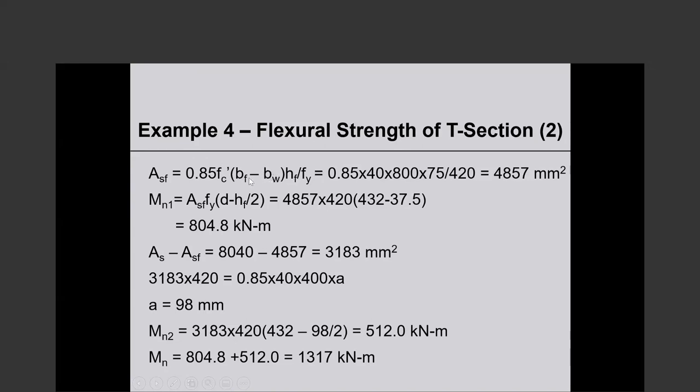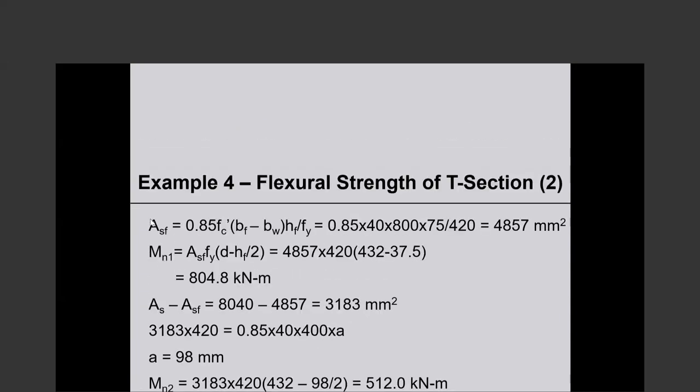B sub F, the effective width minus the web width, is the total width of the two overhanging flanges, multiplied by the flange thickness. So this would be the total compression carried by the overhanging flanges. That divided by F sub Y, the yield strength of reinforcement, is the reinforcement area equivalent to the overhanging flanges. That comes to 4857 square millimeters.